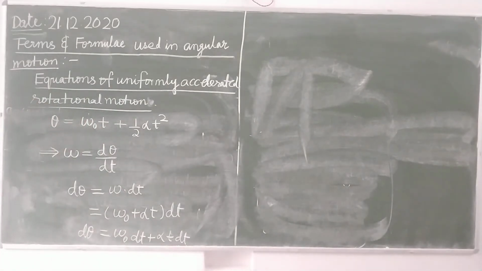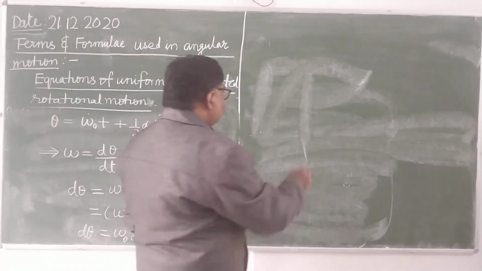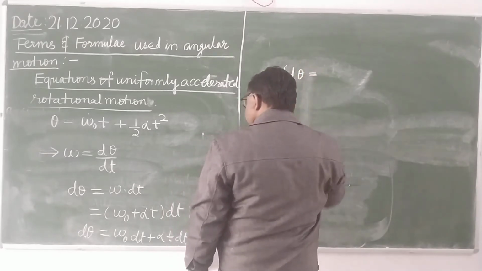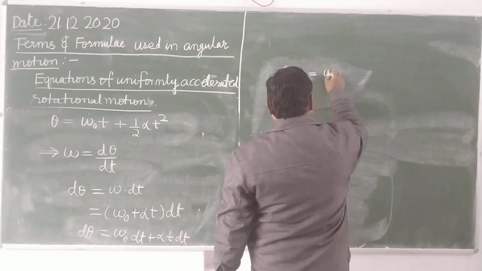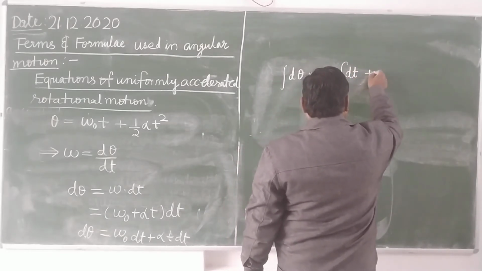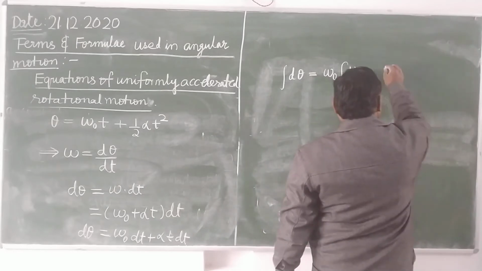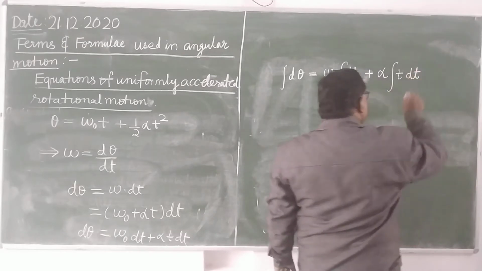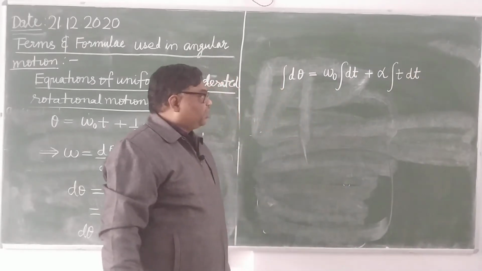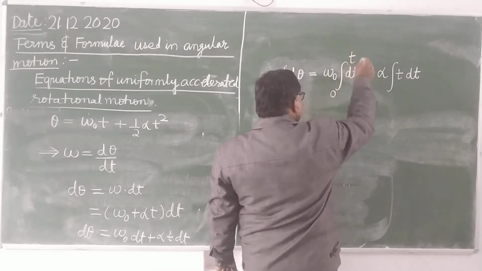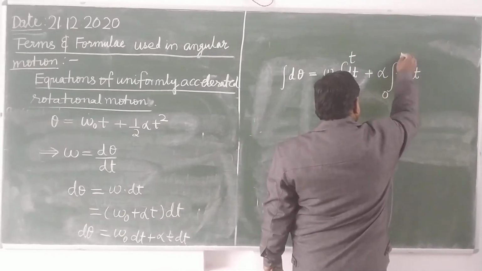Now integrating this over the proper limits. When you integrate, integral d theta equals, omega naught is constant, so you can take out integral dt, plus alpha is also constant, so you can take out integral t dt. On the right hand side, you will substitute the limit of time. Time is varying from t equals 0 to t because it is integrated with respect to t.